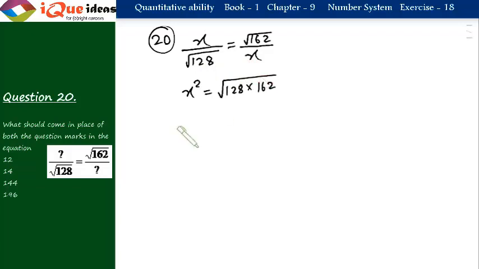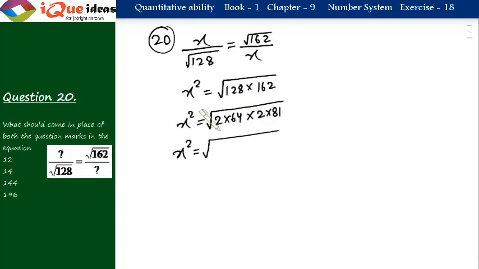Now if you factorize, write 128 as 2 into 64 and 162 as 2 into 81. Why? Because both 64 and 81 are squares. So this x square becomes, look at this carefully, there are two 2's, so it is 2 square, 64 is 8 square, 81 is 9 square. So this is x square, right?